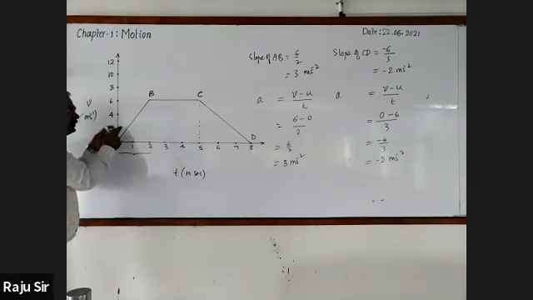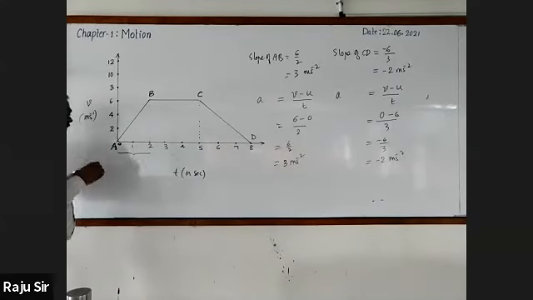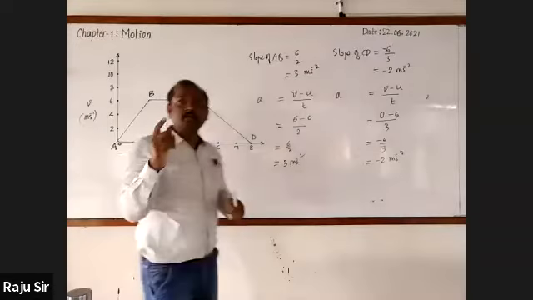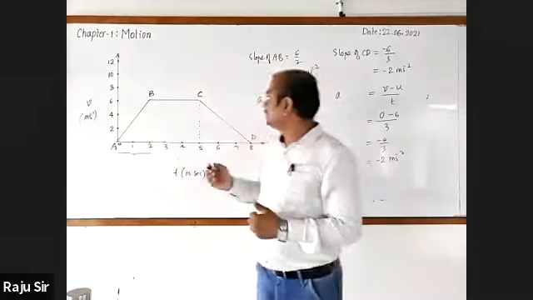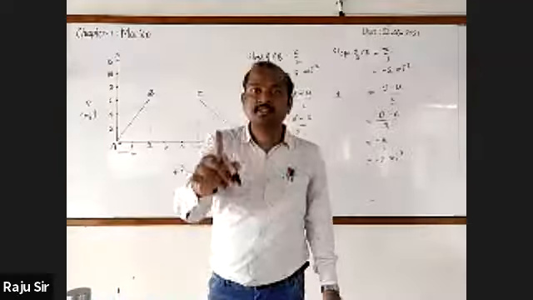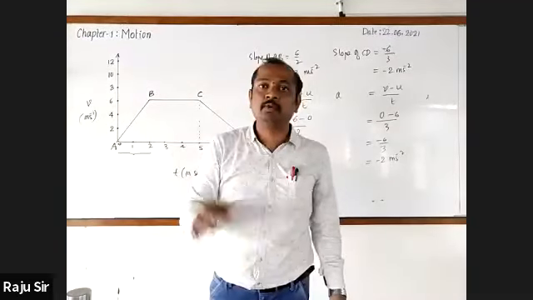Then it is continuously increasing its velocity. It is moving with uniform acceleration. If it is so, in 2 seconds, how much distance it has covered? We all know that with respect to velocity, distance or displacement can be found out by taking the area under that graph. Got it?